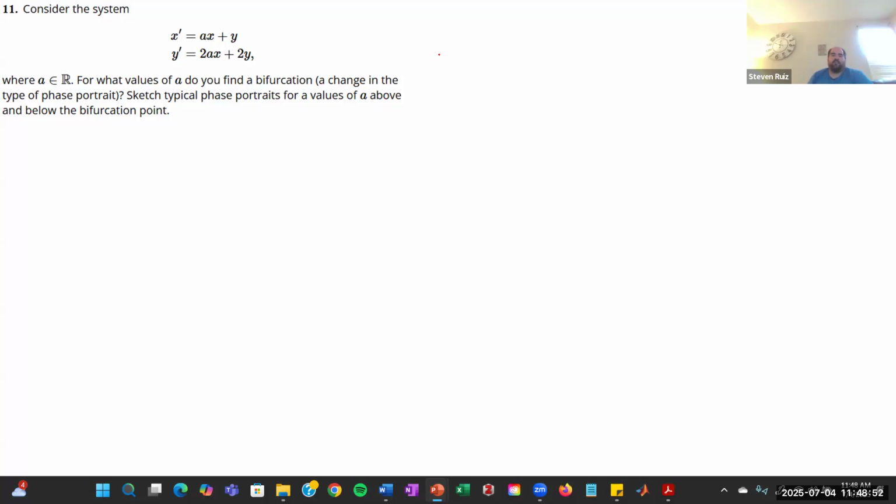So I need to set up my A minus lambda I matrix: a minus lambda, 1, 2a, 2 minus lambda.